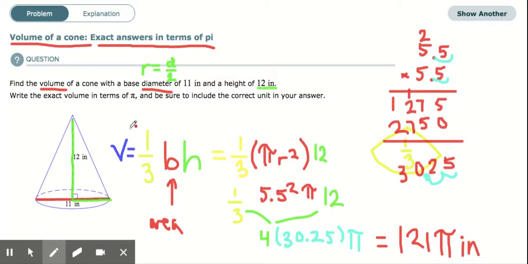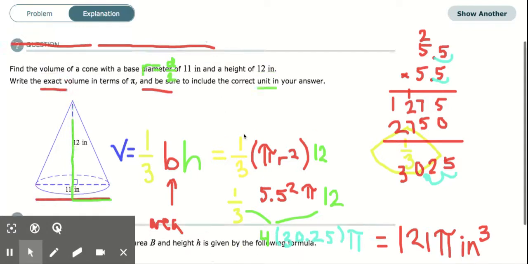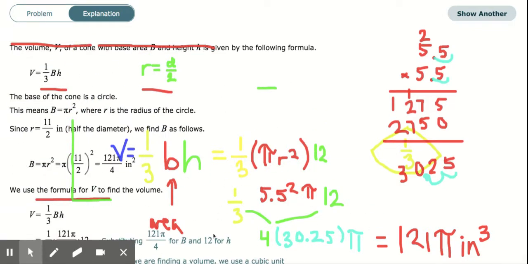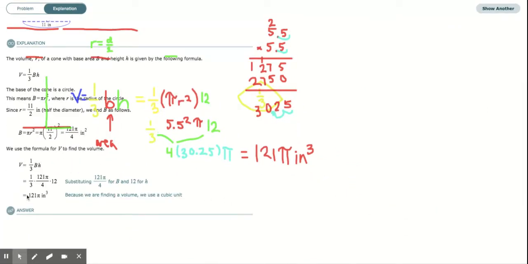So that 3D tells us that this is going to be inches cubed, third power. Let's look at the explanation. And here you can see that is how we get 121 pi inches cubed.